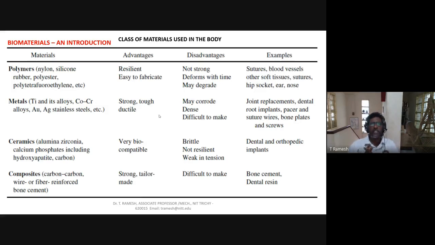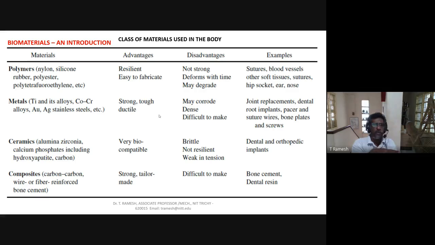Then the various classes of materials used in the body are summarized here. Starting from polymers, we have examples of nylon, silicone, rubber, polyester, polytetrafluoroethylene. Then what about the advantages and limitations? The examples are quoted in this particular slide.